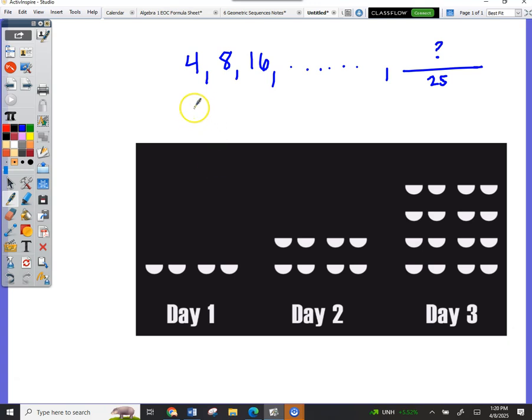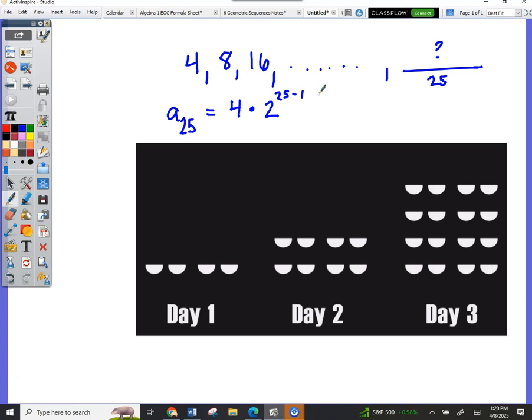All right. So, what is my first term? 4. What's my multiplier? 2. And I want what term? 25. The 25th term? I just realized I should have put 25 right here. Minus 1. So in your calculator, you should have typed 4 times 2 to the 24th power. And tell me what you get.